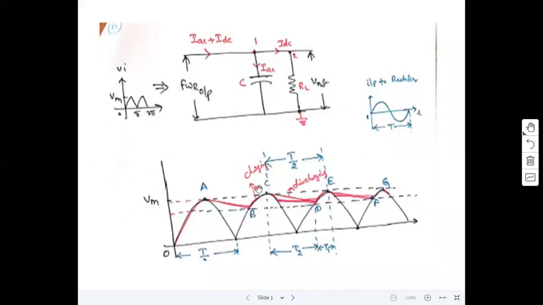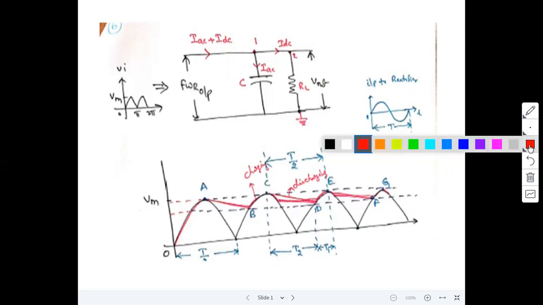Before going to the critical inductance, this is the response of the capacitor filter. Observe here. Once again, the simple operation: the full wave rectifier output is a sinusoidal signal, that is only positive peaks. During the first quarter cycle, the capacitor charges.